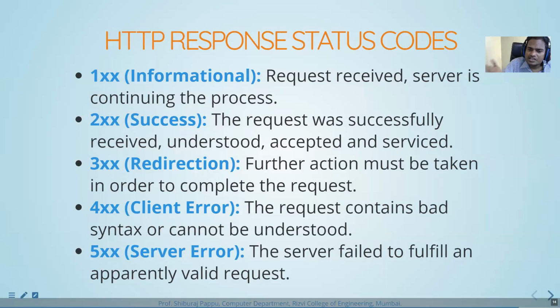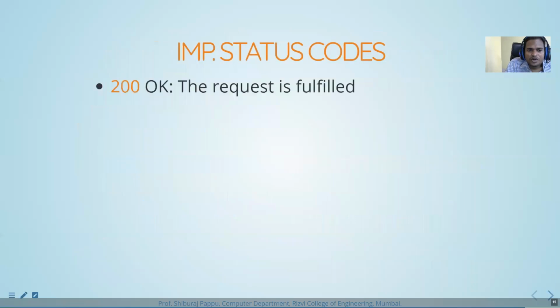In that case, the server will throw an error and it will tell you that there is a 500 error. Whenever there is a 500 error, you should understand that it is not your problem. There is something wrong with the server. It is even possible that the server is overloaded, and in that case also that particular error may be sent. So let's look at some of the important status codes.